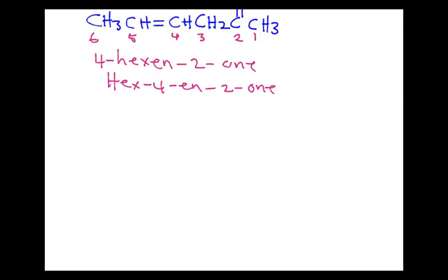But we have to know that there are some common names of these chemicals. If we have this, what is 2-propanone, we can call it acetone. It is known as acetone, common name, acetone.